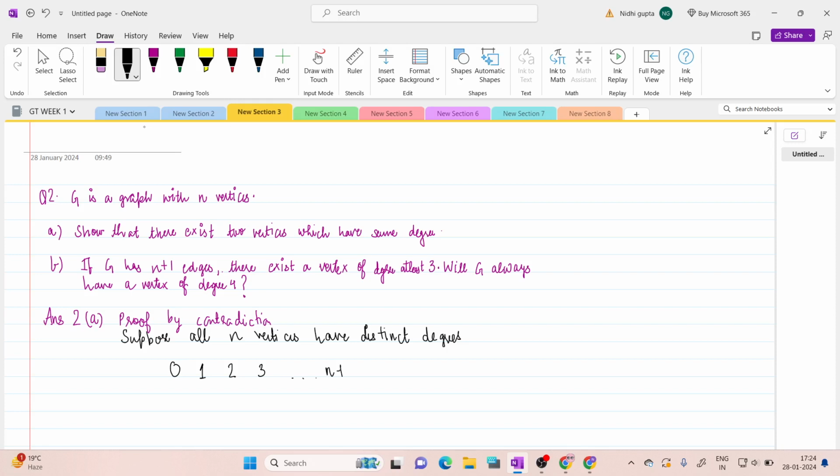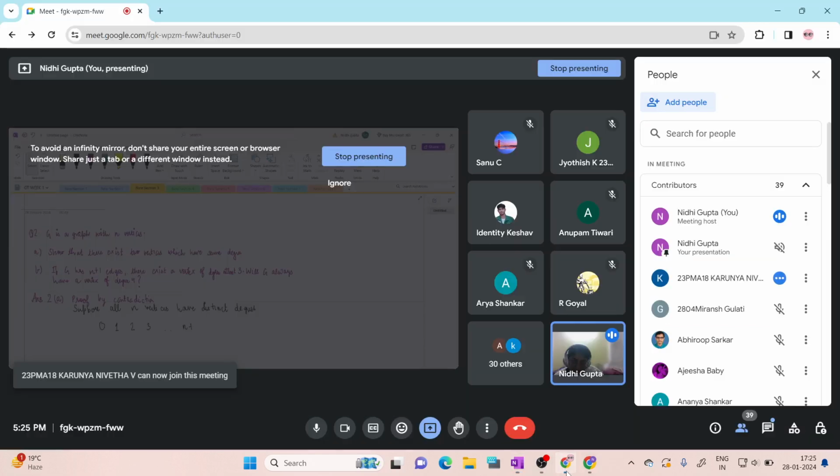So suppose all n vertices have distinct degrees. V1 will have degree 0, V2 will have degree 1, V3 will have degree 2, and so on. Now tell me, is it possible to construct a graph which has the following degree sequence? Everyone think.